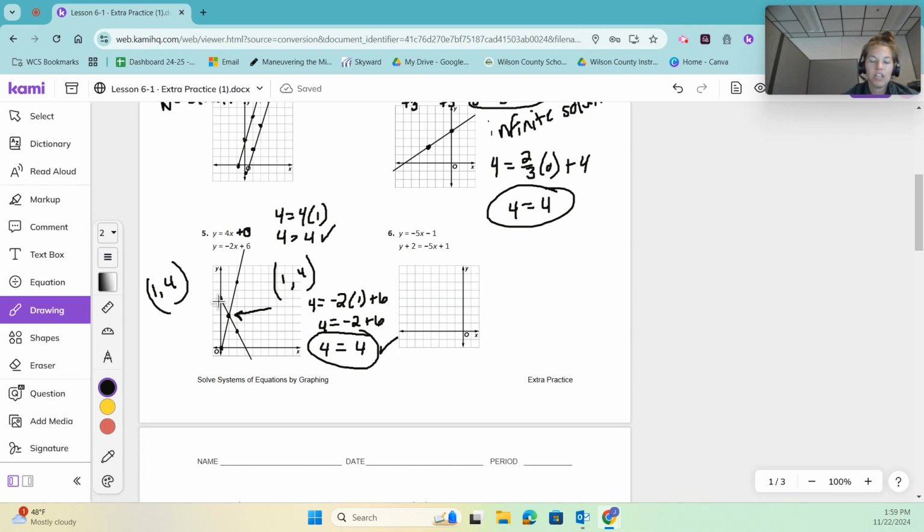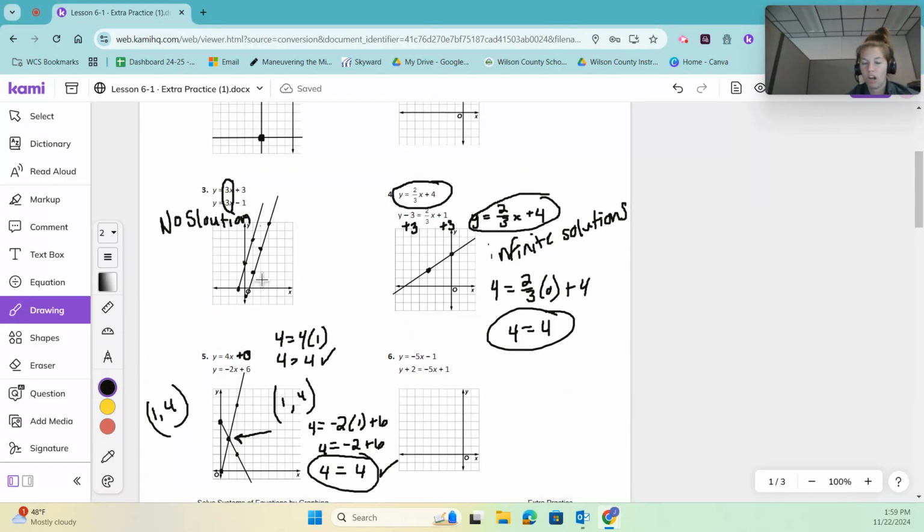So again, your solution is the point where both lines cross each other. If the lines do not cross one another, there is no solution because there's no shared ordered pair. No matter what numbers you put in, you're never going to get one that works for both. That is because they have the same slope but different y-intercepts.